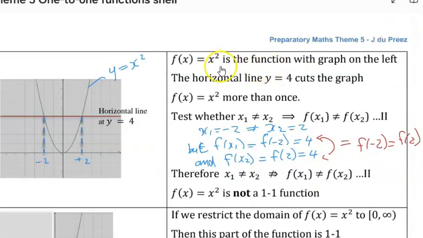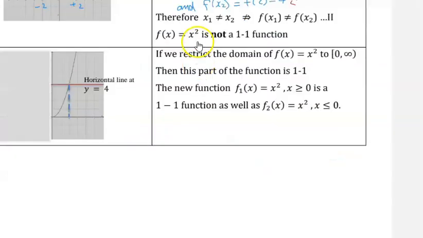So most definitely the parabola is not a one-to-one function, but part of this function can be used. We saw that for f of x equal to x squared, we do not have a one-to-one function, but we can restrict the domain to x greater than or equal to 0, so then we only have the right-hand side of the graph.